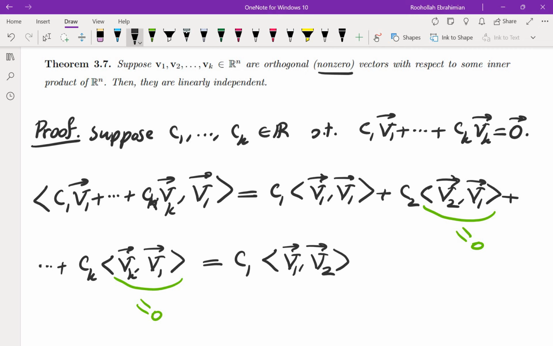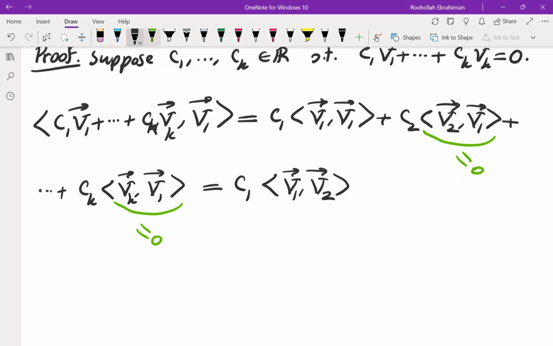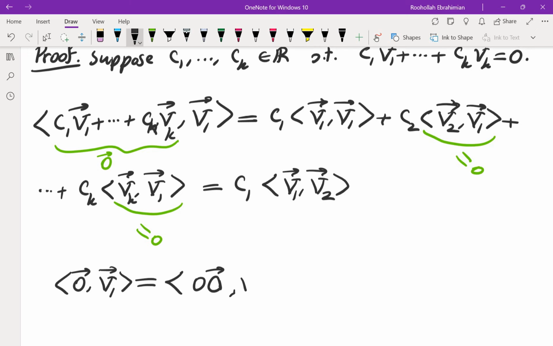On the other hand, this sum is just the 0 vector. So if you look at the inner product of 0 and v1, it is relatively easy to say that's 0. Why? Because that's just 0 times the inner product, which is 0 by linearity.